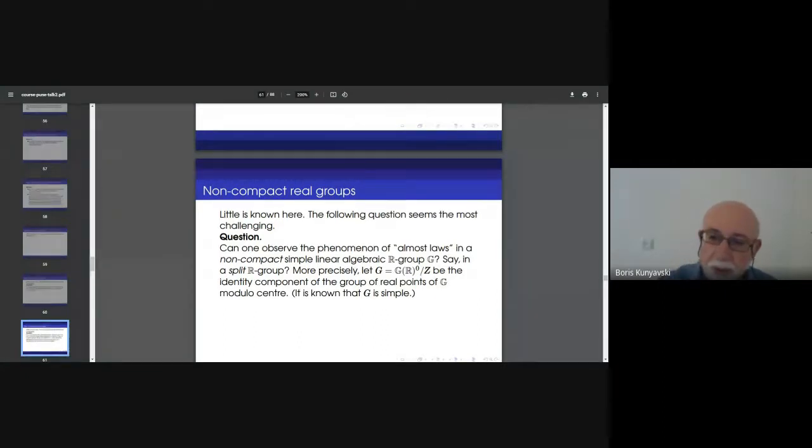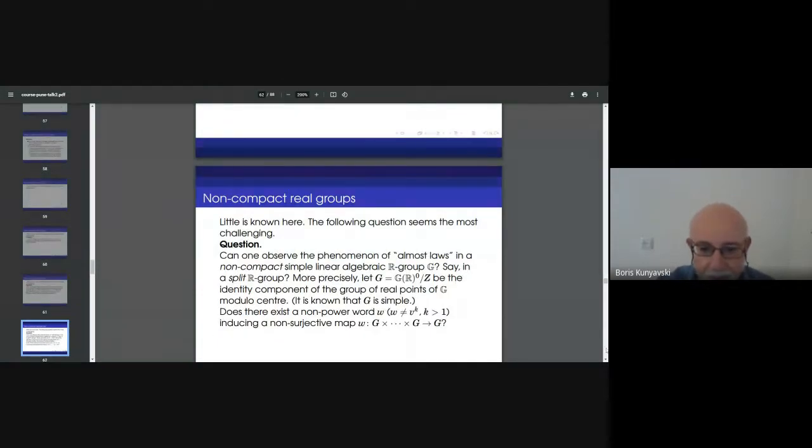Also, you can consult the book of Platonov-Rapinchuk. So we consider the word map on such a group, and we want to say something. Something means: does there exist a non-power word inducing a non-surjective map? Something weaker than Thom's phenomenon, at least one non-surjective map, but as I told you, this is also wide open.